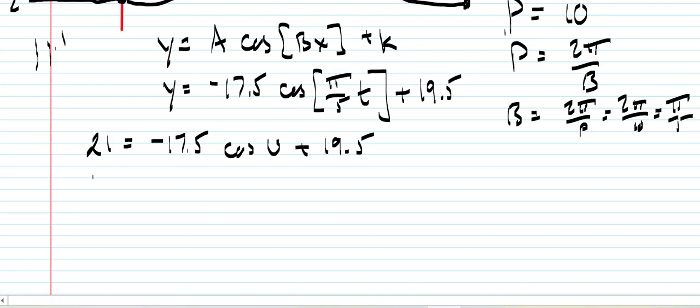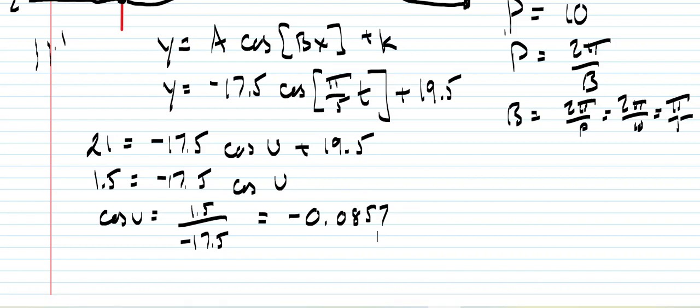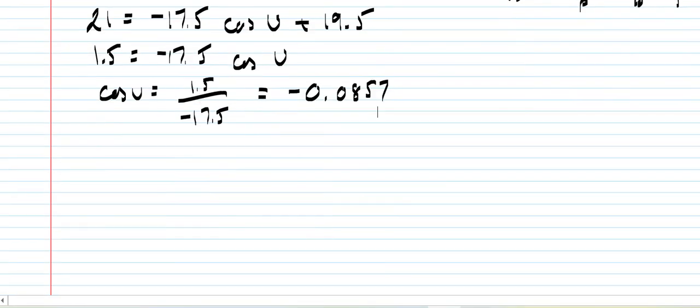Subtracting 19.5 to the other side, we're going to have 1.5 is equal to negative 17.5 times the cosine of u, or cosine of u is 1.5 divided by negative 17.5, which is going to be a negative 0.0857. So the cosine of u is negative 0.0857.